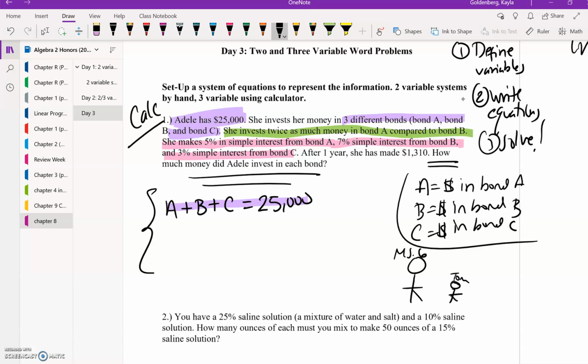So if I'm twice as tall as Tom, I'm going to use G and T for Miss Goldenberg and Tom. The question is, do you do 2G equals T, or that Miss Goldenberg equals 2 times Tom? Now, a lot of people think it's the first one. And the reason why is because if you say I'm twice as tall, you typically associate the 2 with me, because I'm twice as tall as someone else.